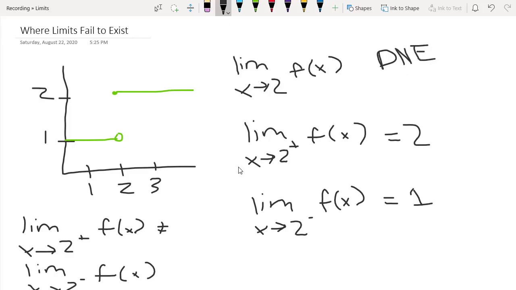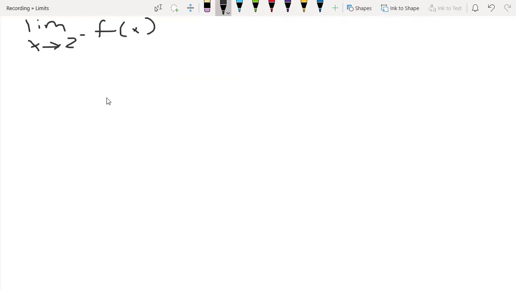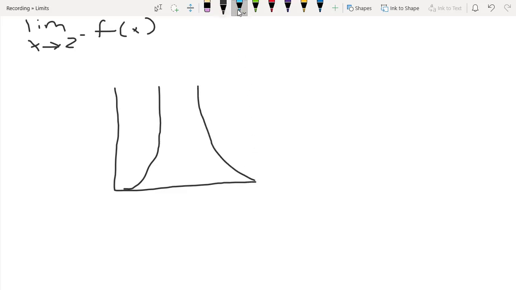So just know that. Another place where a limit does not exist is when it has unbounded behavior. Essentially, I'll make a graph of it real quick. The graph is going to look something like this, and I'll draw a little asymptote at 2.